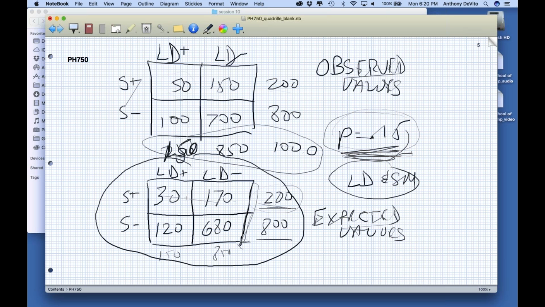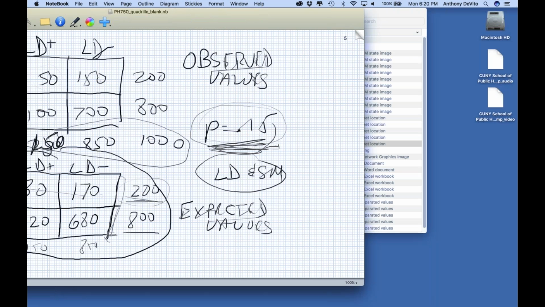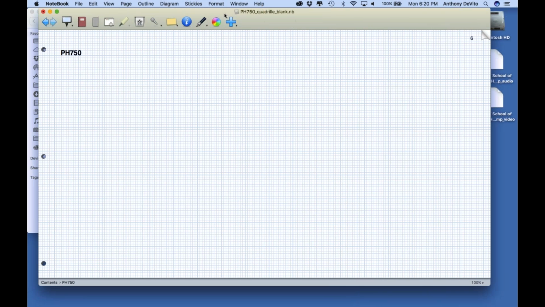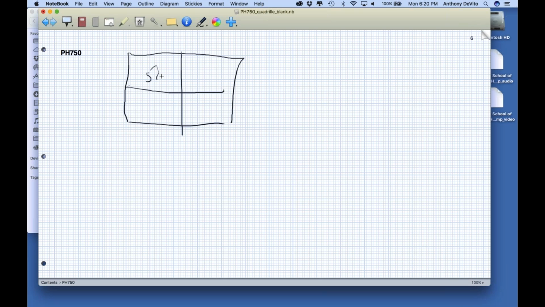There are three ways that I am going to evaluate this. I'm going to rewrite this again because I want this to stay clean and clear, as opposed to the way I usually write this. I'm going to go back here, and this was 50 and 150, and this was 100 and 700 as my observed values.